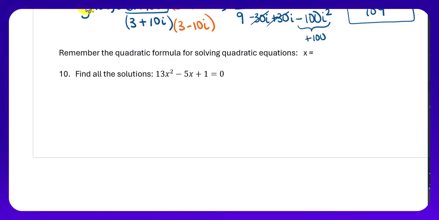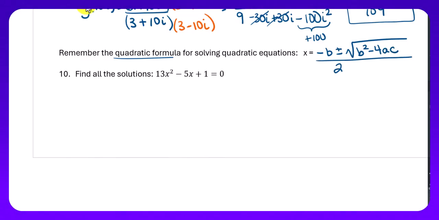Solving quadratic equations. Normally, we would use the quadratic formula or factor or complete the square, right? We had all those ways to solve quadratics that you learned in the previous math class. Well, remember this way. If you have a quadratic and it's equal to 0, the solution is x equals the opposite of b plus or minus the square root of b squared minus 4ac, all of that over 2a.